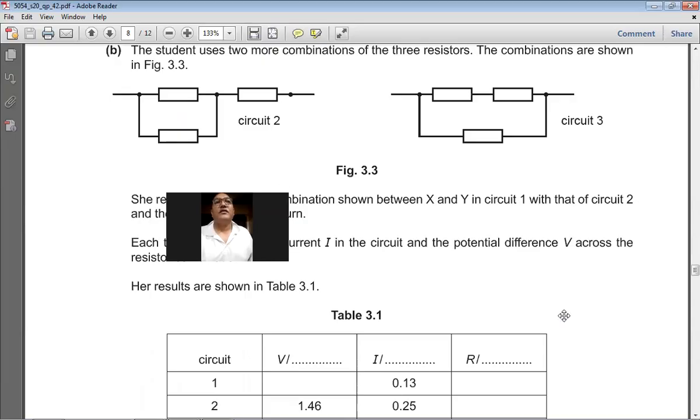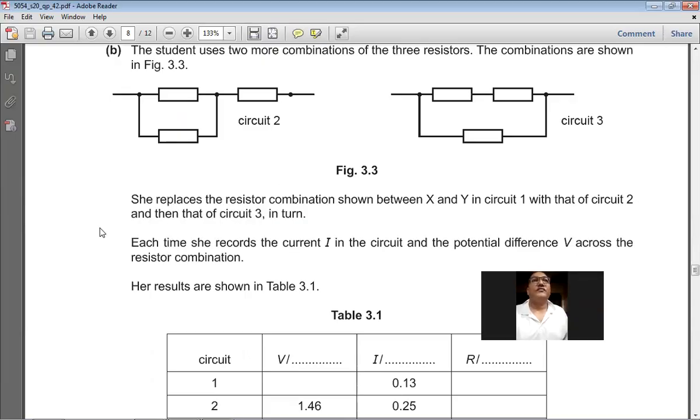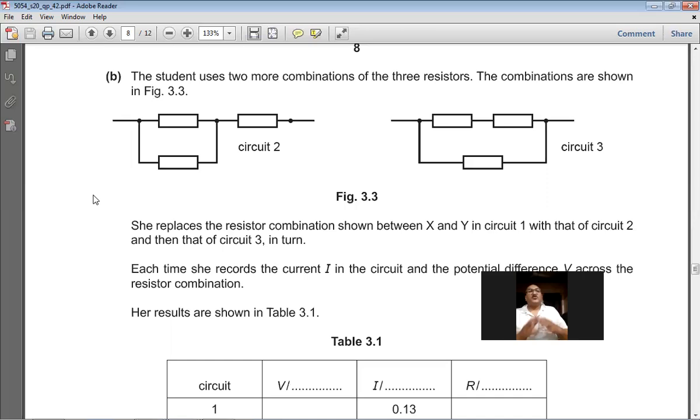Now we are going to this question. The student uses 2 more combinations of the 3 resistors, shown in figure 3.3. Here we have circuit number 2. These 2 are connected in parallel to each other, and this combination is connected in series with the 3rd resistor. In circuit number 3, these 2 are connected in series with each other, and as a whole they are connected in parallel to this resistor.